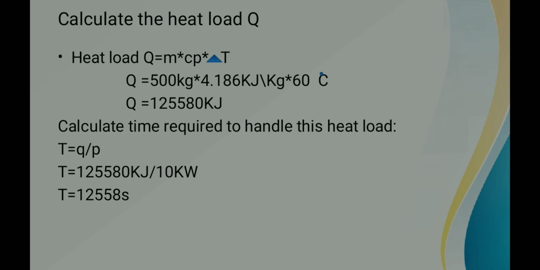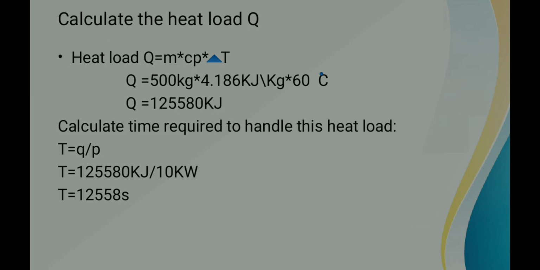If we multiply these three, we get 125,580 kilojoule. And this is the final heat load required for this problem: 125,580 kilojoule.